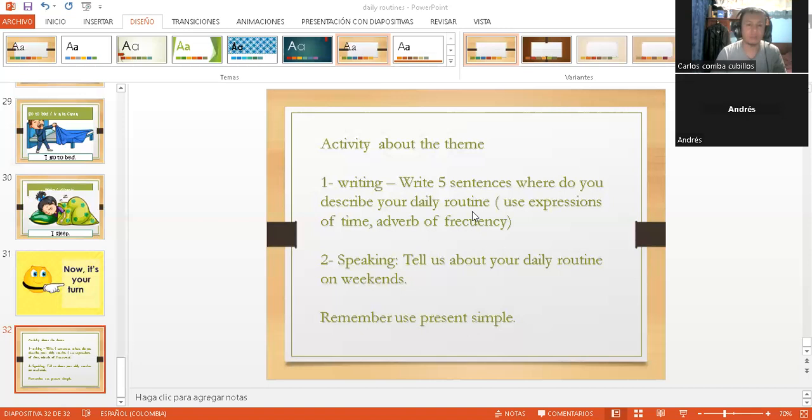You can combine your routines. Okay, good. Next sentence: often I have breakfast with orange juice, bread, and egg. Okay, continue.